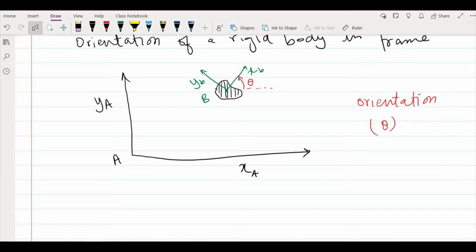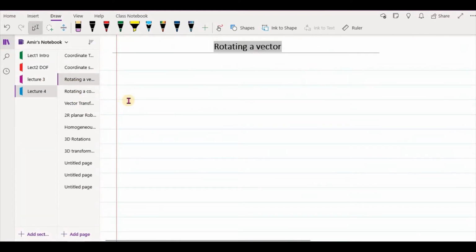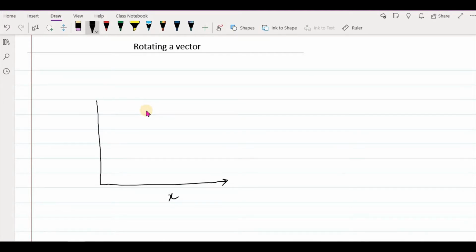Okay, if this is now clear, then what we need to do is to talk about rotating a vector. So let's see how we can rotate a vector. Let me quickly draw this coordinate frame, x coordinate, y coordinate, and then we have a vector here.